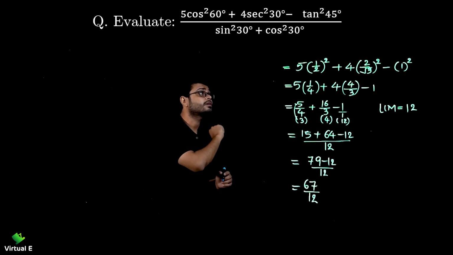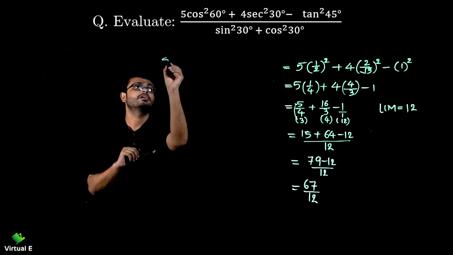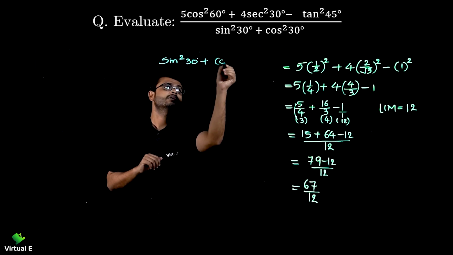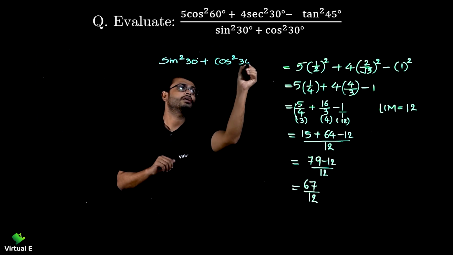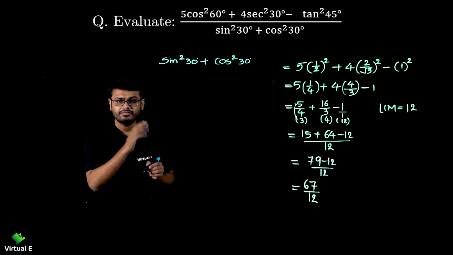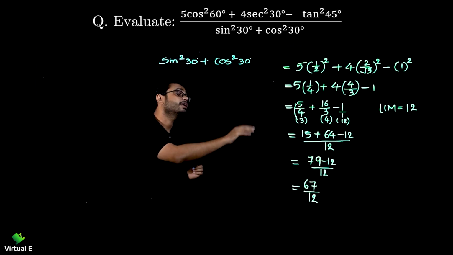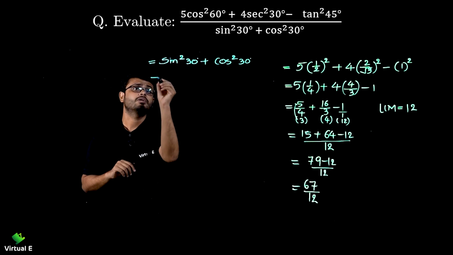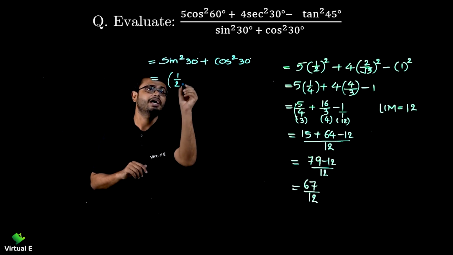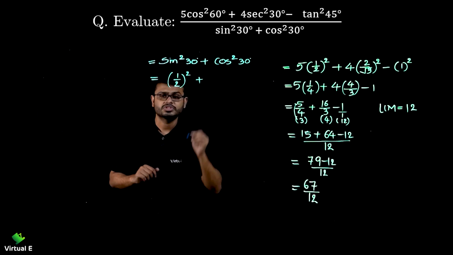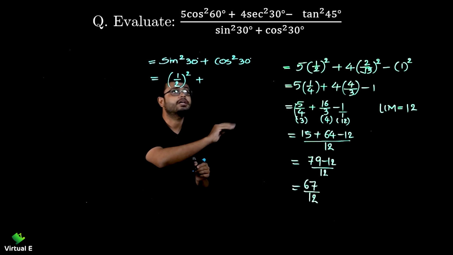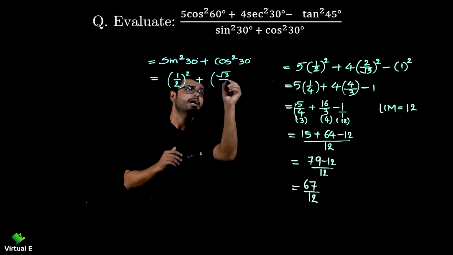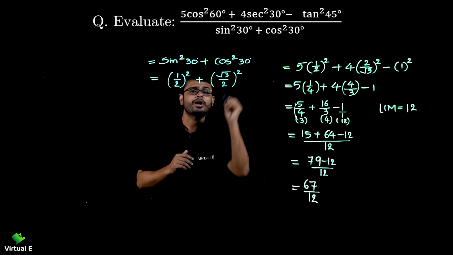Denominator is sine square 30 degree plus cos square 30 degree. So we need to get the value of sine square 30 degree plus cos square 30 degree. Sine 30 is 1 by 2, and as it is square, I need to do the square. Then cos square 30 degree, we need the value of cos 30, which is root 3 by 2, and we need to do the square of it.